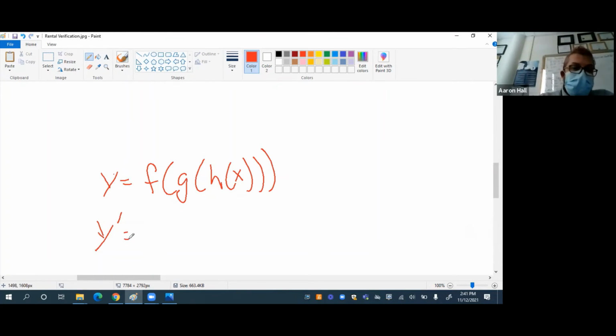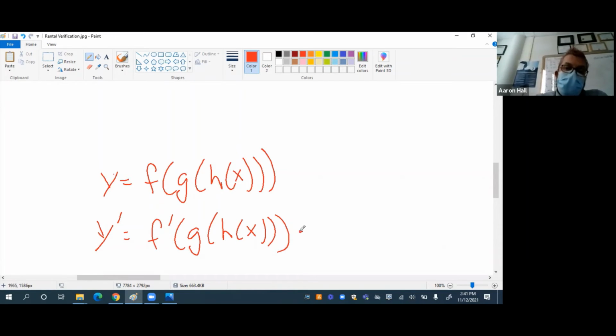The derivative of the outside function, times the derivative of g, the inside function, times the derivative of h of x.